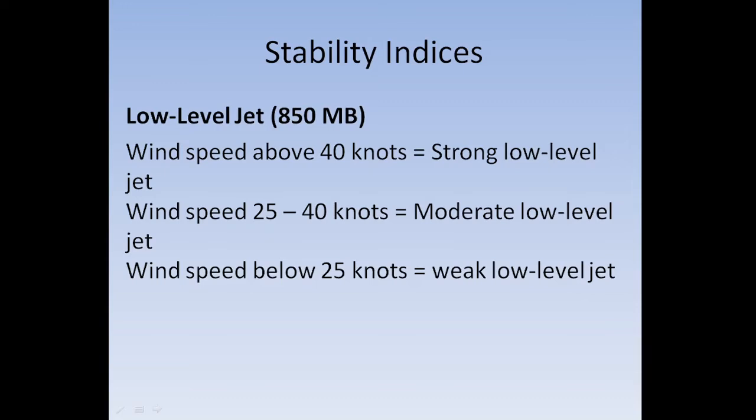So once you hit that level, then you have a surface low or a thunderstorm, and you have that low level jet feeding that thunderstorm or pulling the mass out of that thunderstorm, then you can have a very strong updraft, and you can have severe weather, tornadoes, because you have a low level jet present. So good to know if you have 40 knots at 850 millibars, right around 5,000 feet.